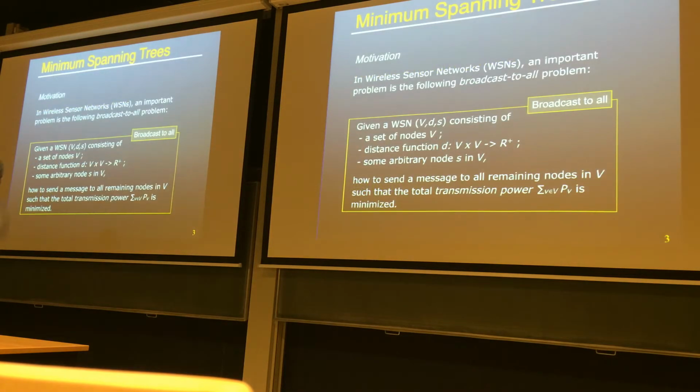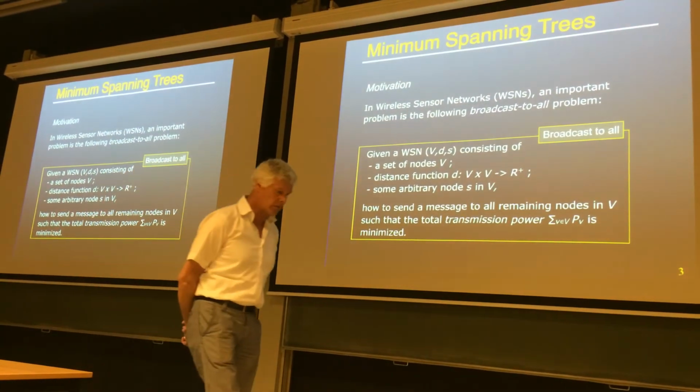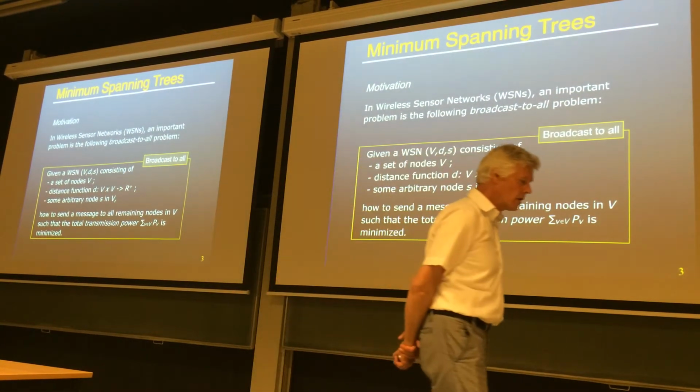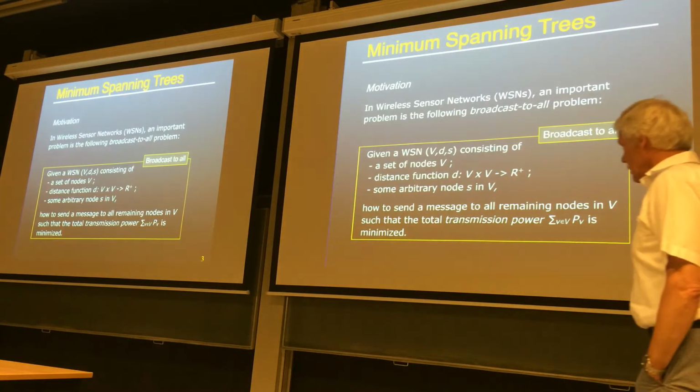Well, first, a parallel minimum spanning tree. To give you some motivation, assume that we have a wireless sensor network and we are faced with the following broadcast to all problem.